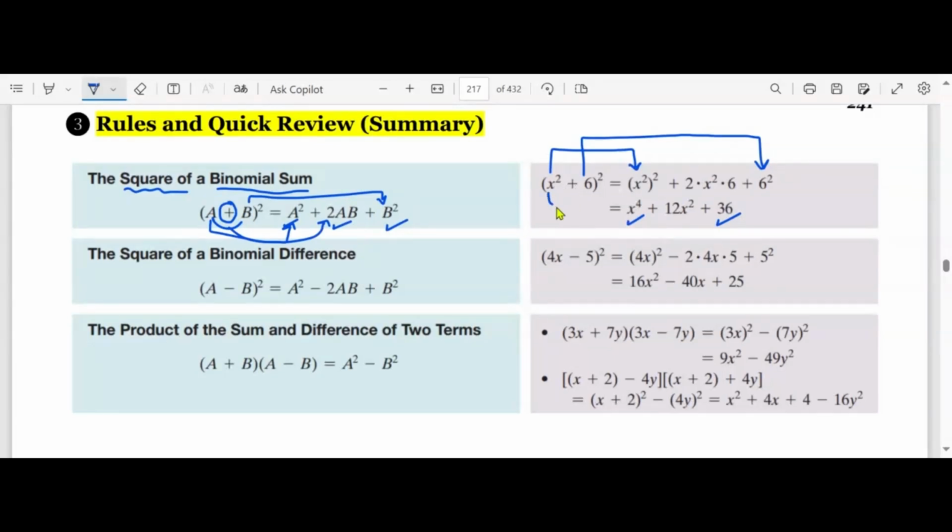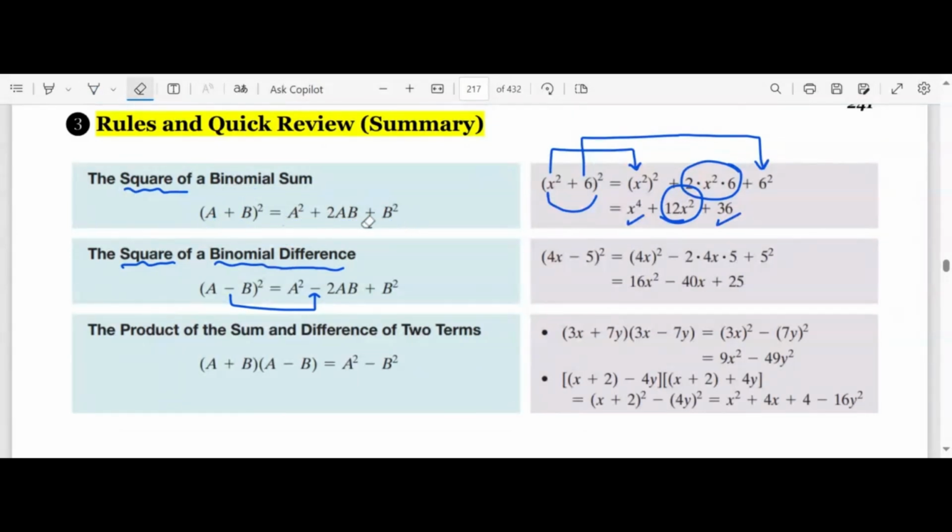Now, multiply the first times the second times 2. So they give you 12x squared. Okay? Now we have something called the square of a binomial difference. So I have a minus b all squared. Remember, we take the same sign in the middle. Here the same sign is plus.